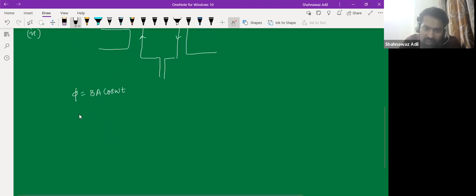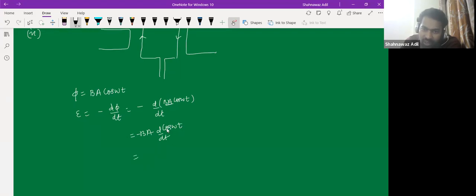So then if we calculate the EMF generated, that is minus d phi by dt. That would be minus d by dt of BA cos omega t. These two things are fixed. So that would be simply minus d by dt of cos omega t. So the differentiation of cos omega t would be how much?